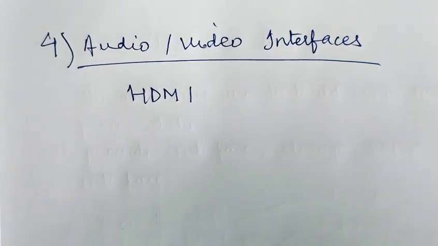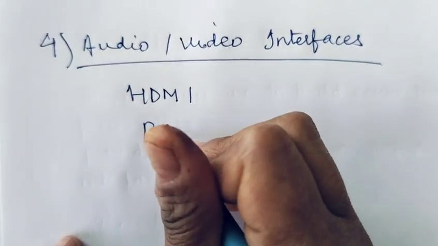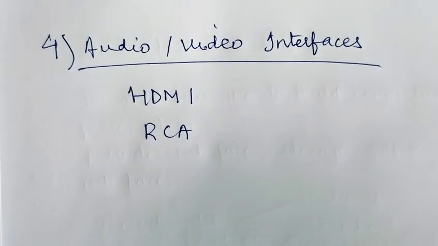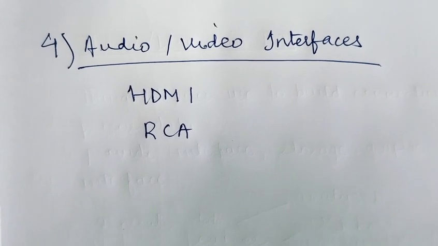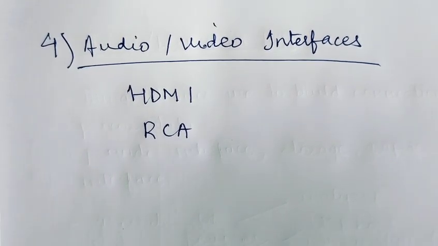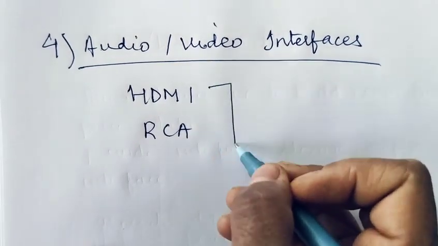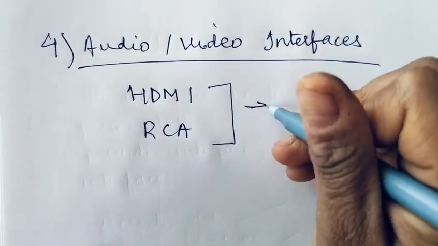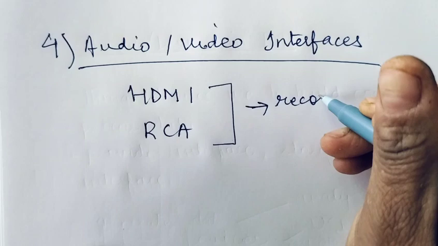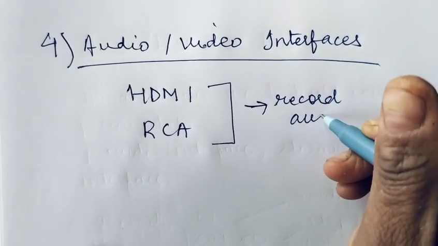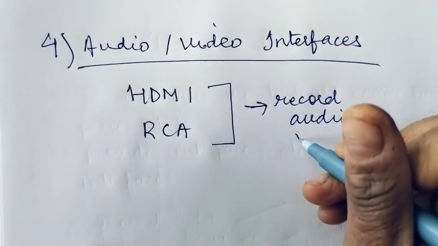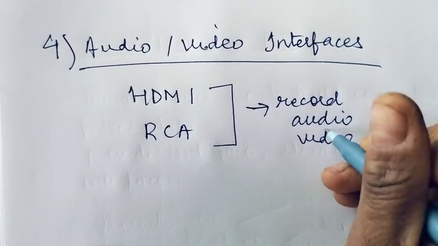You must have seen in your TVs that you have interfaces like HDMI. So interfaces like HDMI and RCA are used to record audio and video in a system.